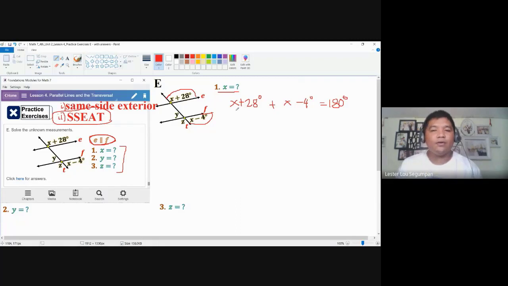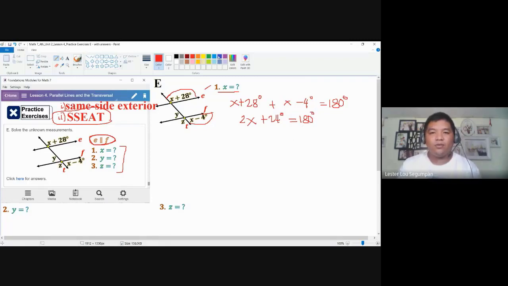And notice that we only have the variable x here. We can solve now item number 1 by applying the properties of equality. This would become 2x as x plus x, and then plus 24 degrees must be equal to 180 degrees, right?